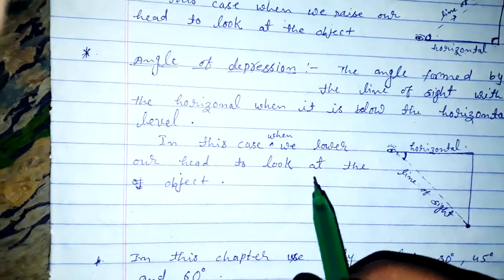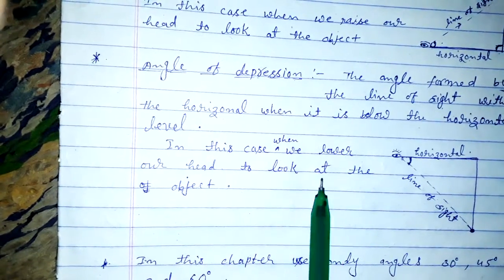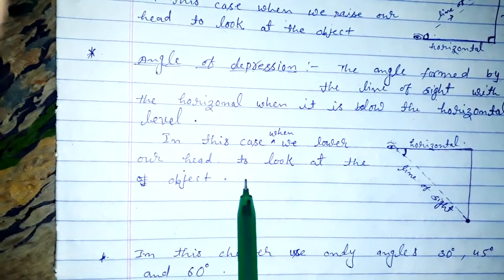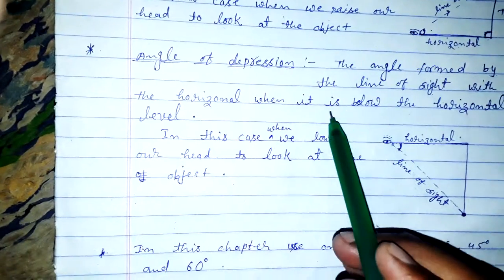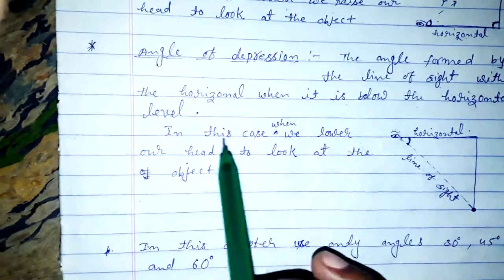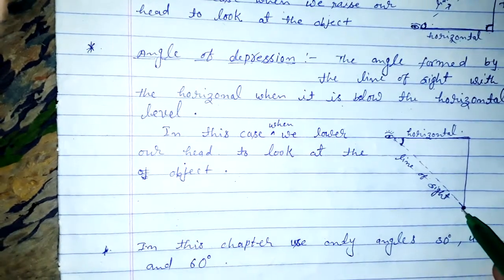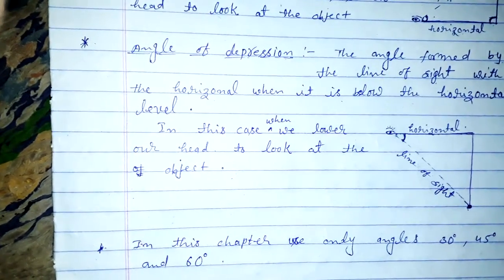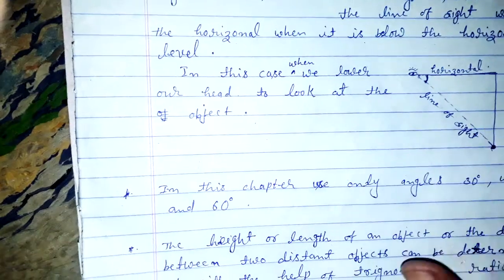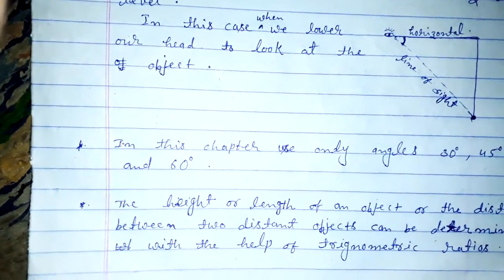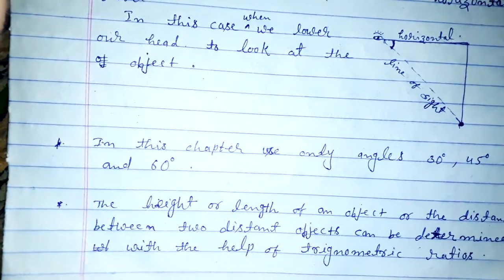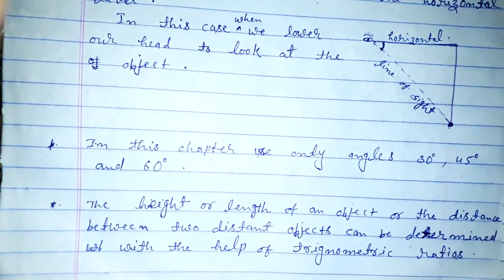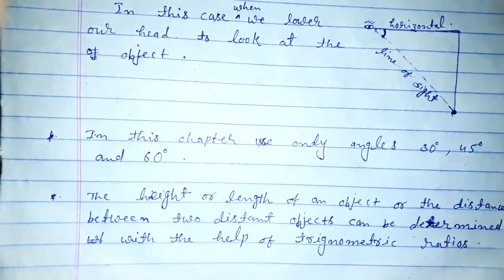In this condition we lower our head to look at the object, means the object is below the horizontal level. In this chapter we will use only three angles: 30 degree, 45 degree and 60 degree.